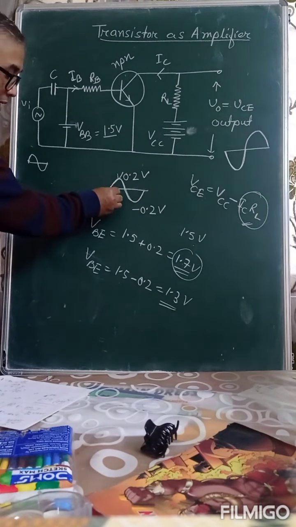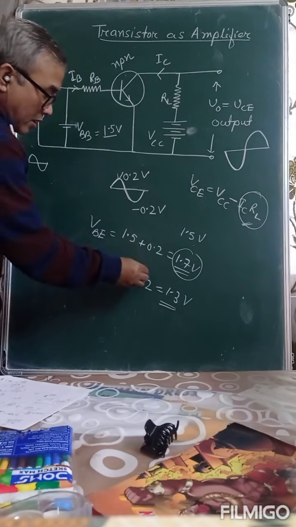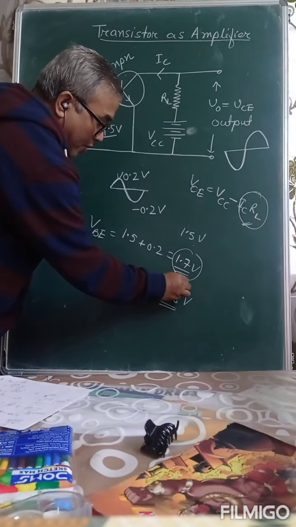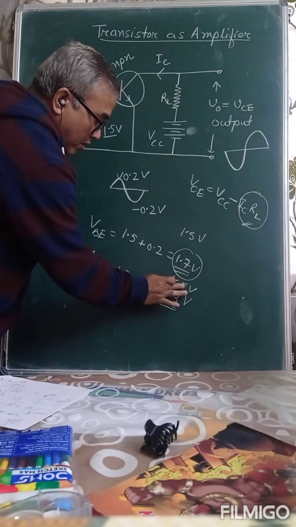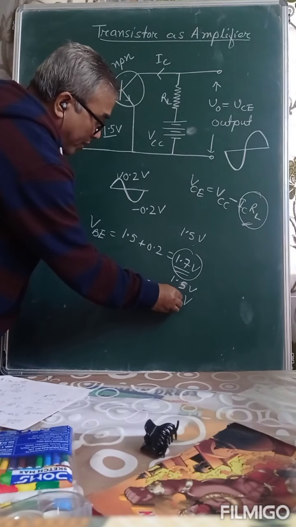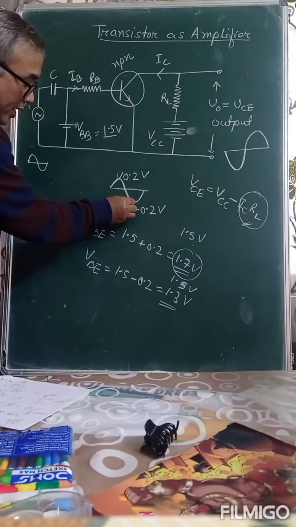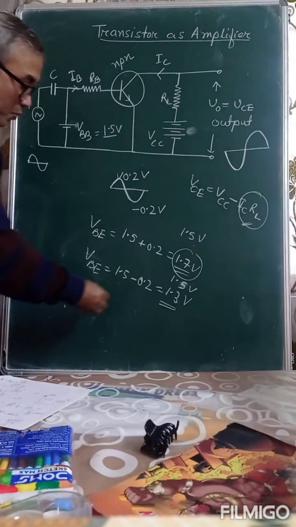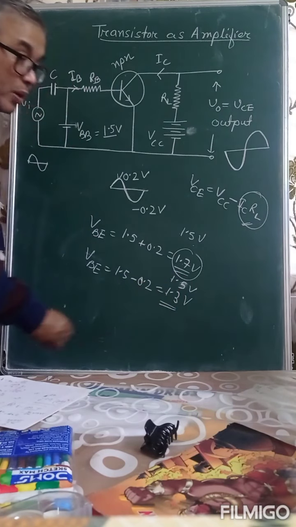Biasing voltage decreases from 1.5 volt to 1.3 volt. From here to here, biasing voltage decreases from 1.5 to 1.3 volt.